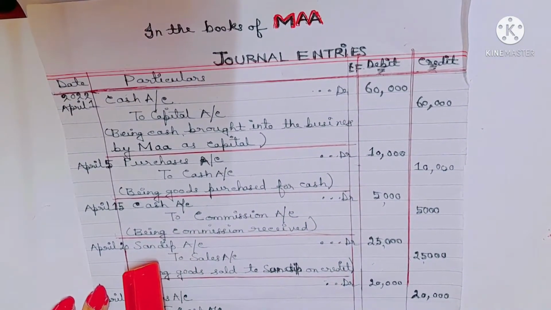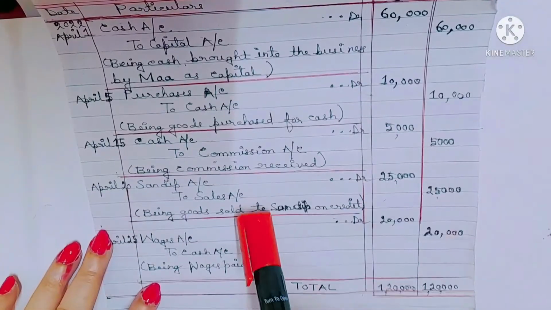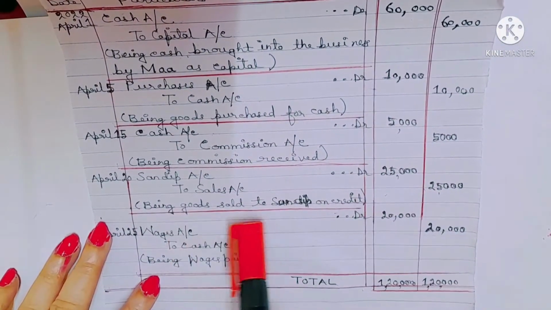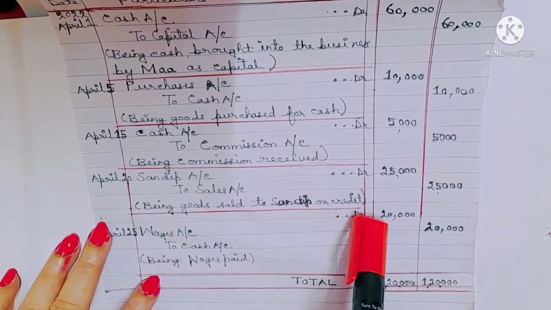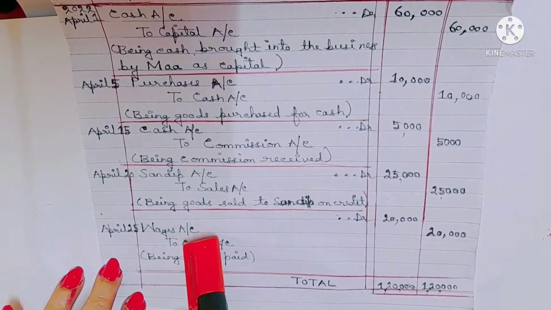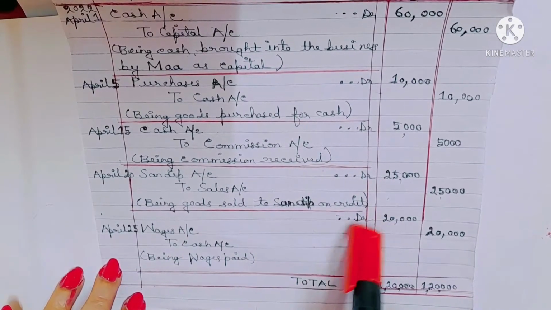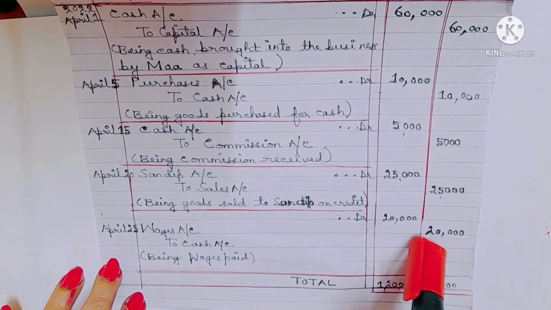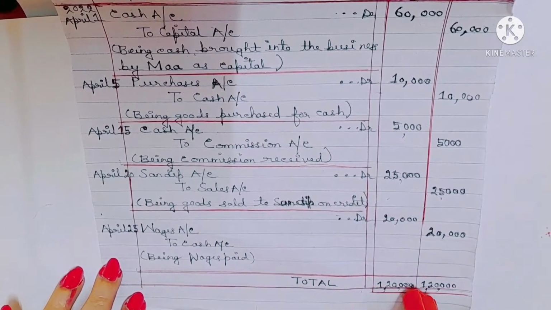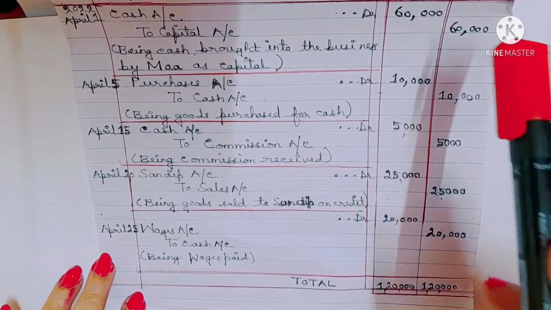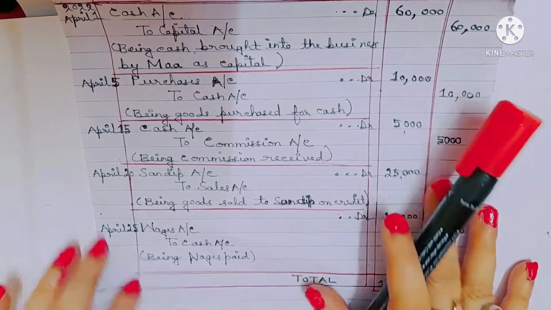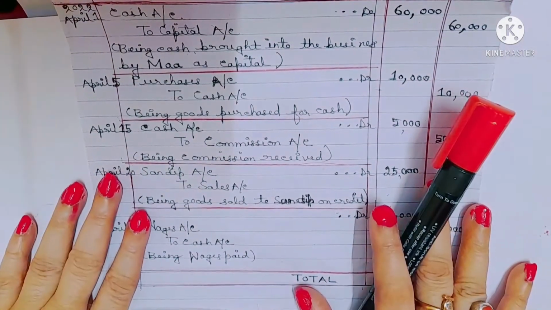On 20th April, Sandeep account debit to sales account 25,000, being goods sold to Sandeep on credit. The last journal entry on 25th April, wages account debit to cash account 20,000, being wages paid. The total is 1,20,000 in the debit column and the credit column also 1,20,000. Now we'll start doing ledger posting.